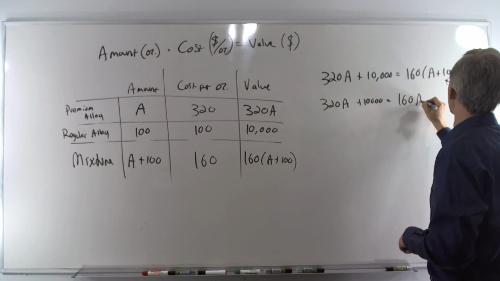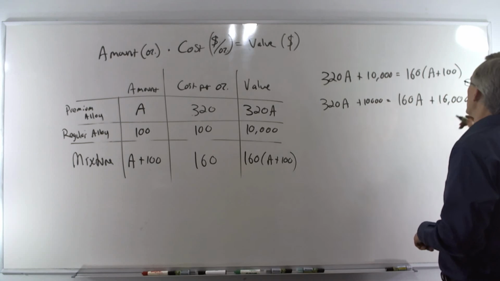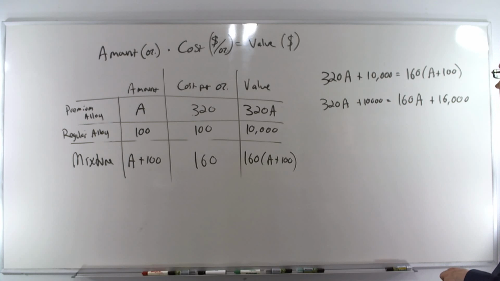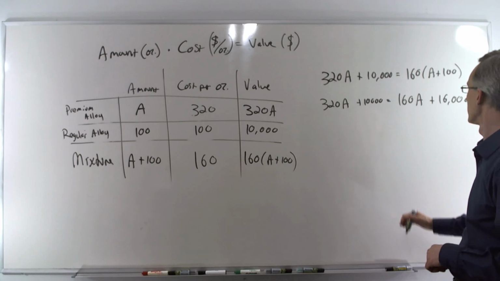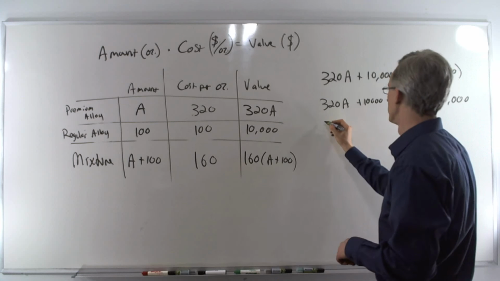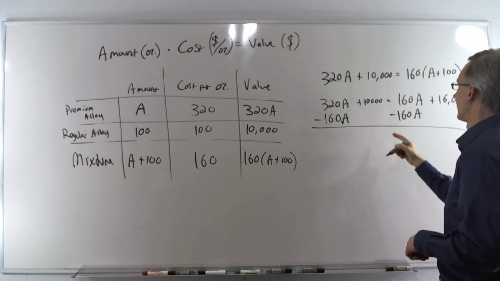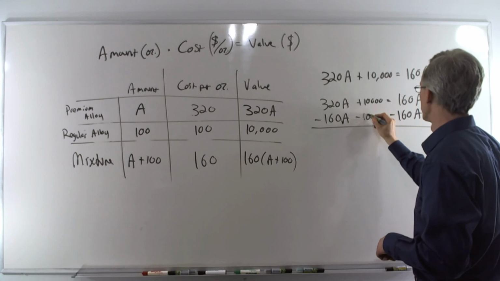I'm going to distribute. Okay, it's 160A plus 16,000. All right, now I'm going to get the A's to the left, so subtract 160A from each side, and then subtract 10,000 from each side.